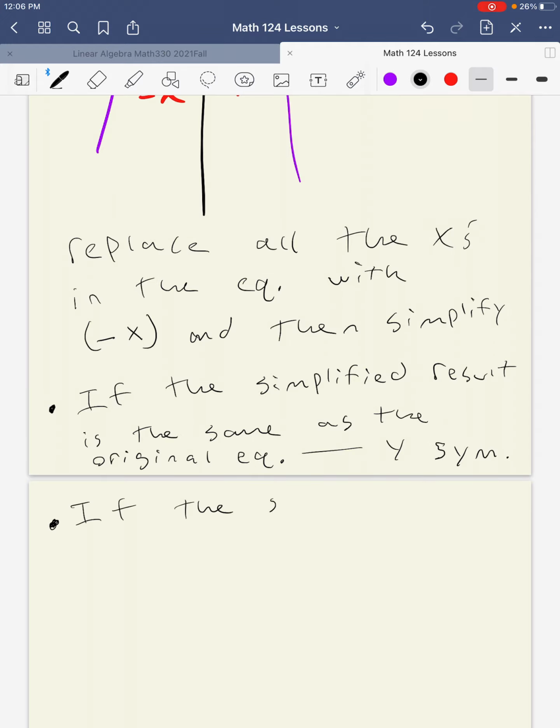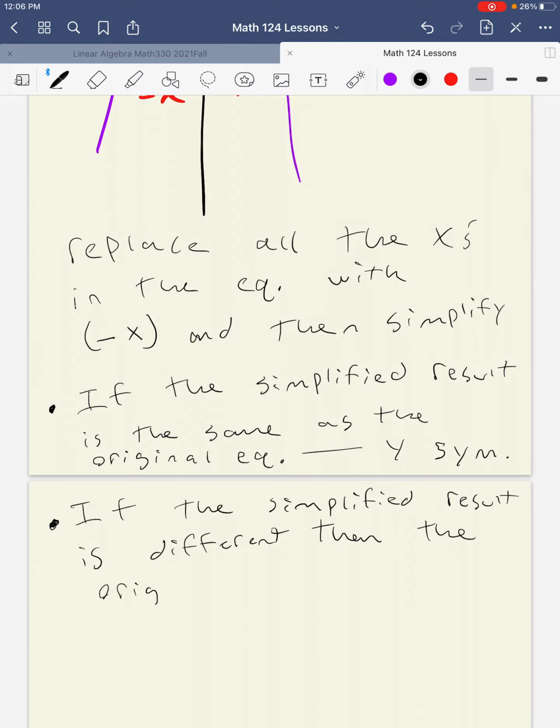If the simplified result is different than the original equation, then all we can conclude is it is not symmetric about the y-axis.